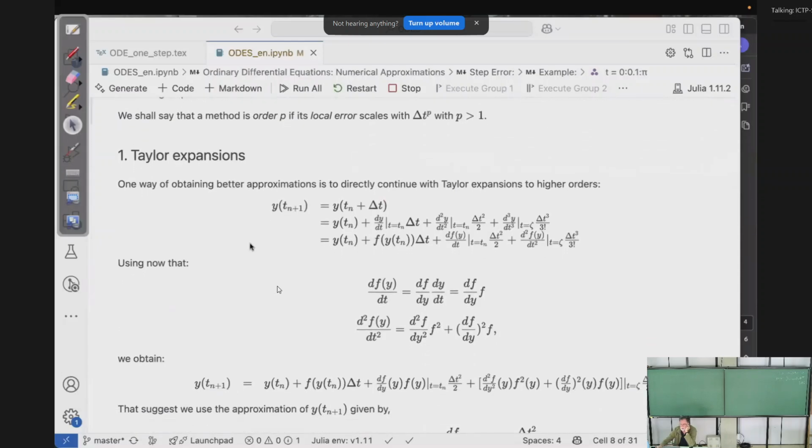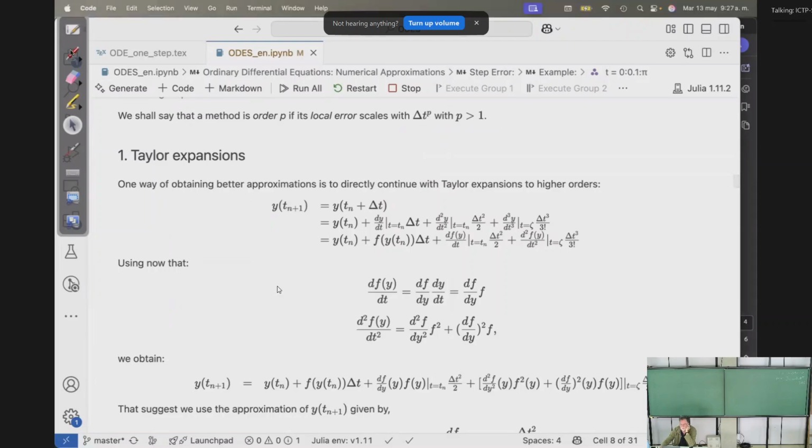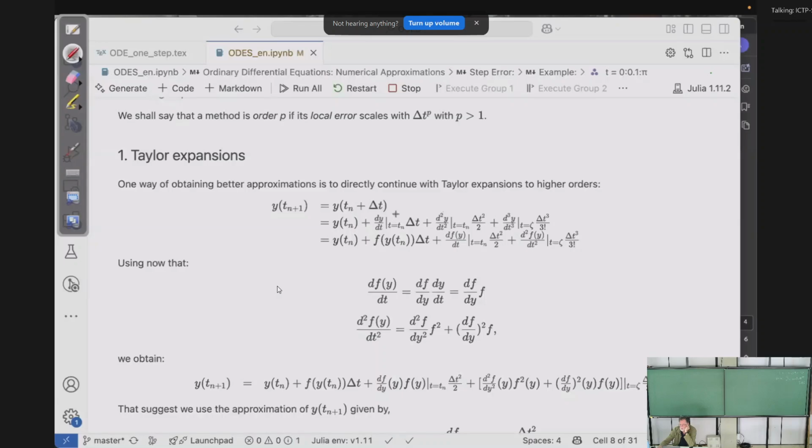Just expand this and keep higher terms, say up to cube here, delta t cube. And so now here for instance you have a dy dt, you substitute by f, and here you have second derivative, so you substitute the second derivative.